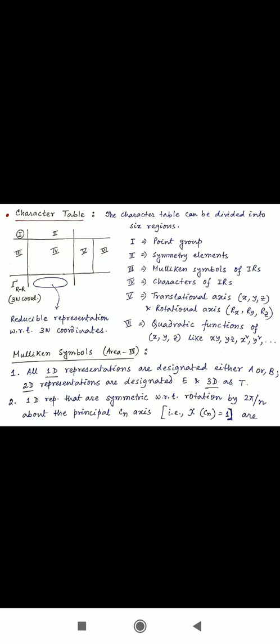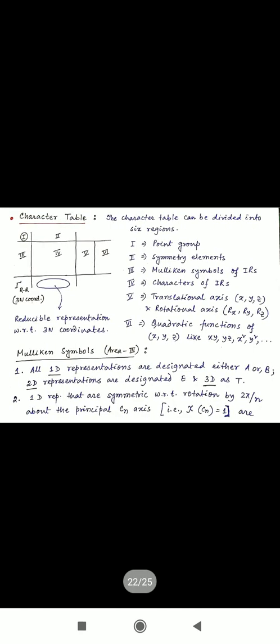So if the chi of Cn, that means the character of the Cn, is 1, then they are designated by A. Okay, while those antisymmetric, means if the character for the Cn axis is -1, then it should be B, capital B.